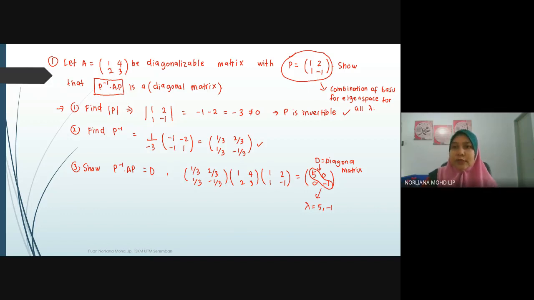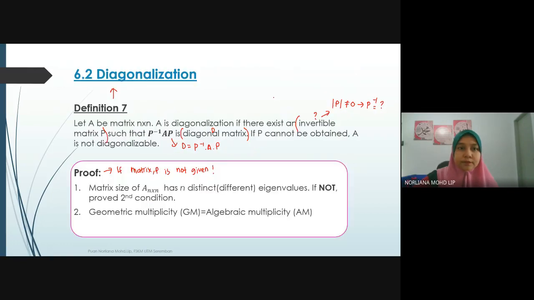There is actually a combination of bases. This one is the first eigenvector, the basis for the eigenspace for the corresponding first eigenvalue. And then the second one is the basis for the eigenspace for the second eigenvalue. This is the combination. We will see an example in the tutorial later.